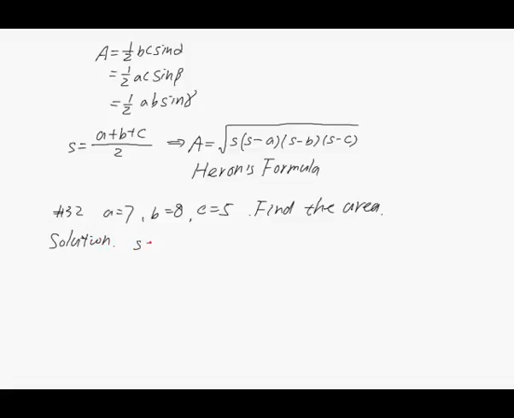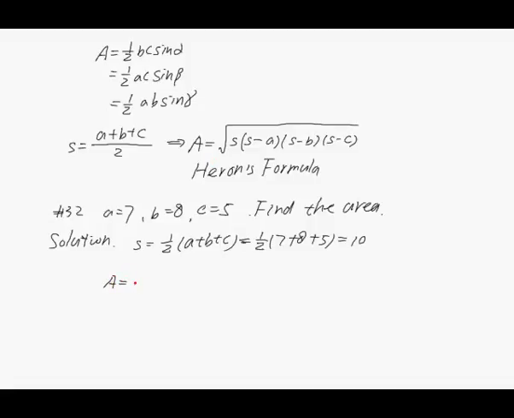First we get this s, which is equal to 1/2 times A plus B plus C. So this is equal to 1/2 times 7 plus 8 plus 5, and this is equal to 10.